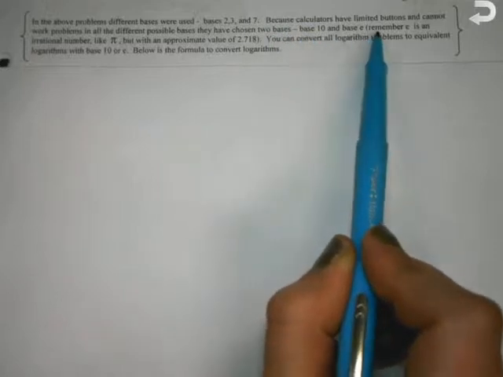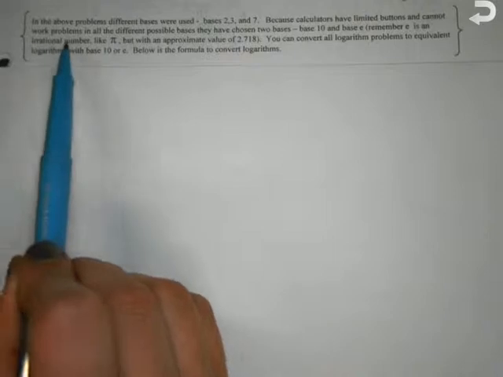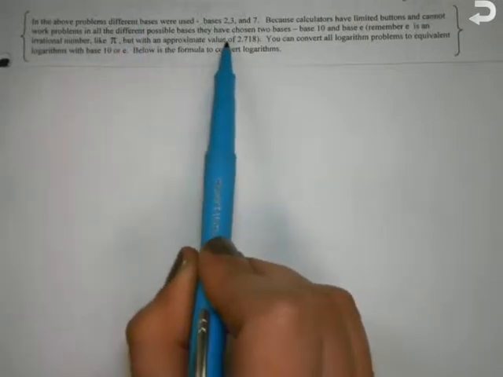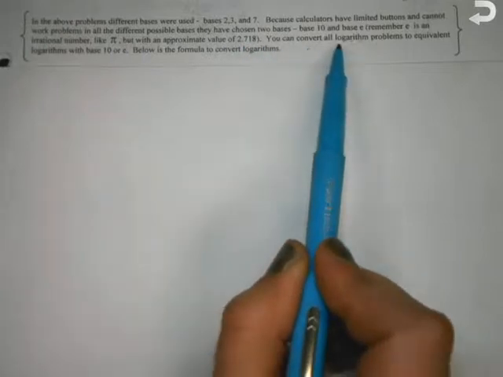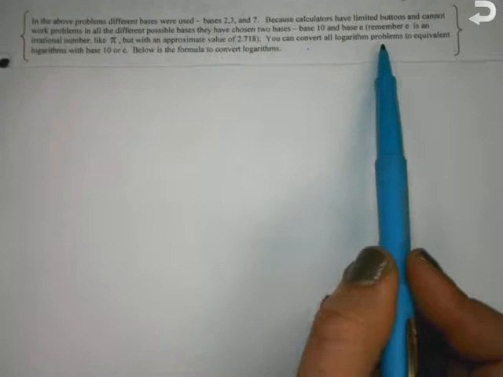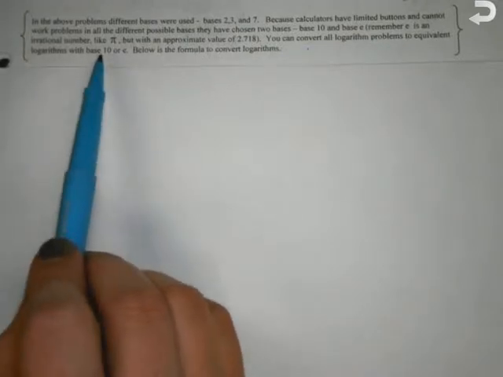Remember, base e is an irrational number like pi, but remember an approximate value of 2.718. You can convert all logarithms to equivalent logarithms in base 10 or e. Below is the formula to convert logarithms.